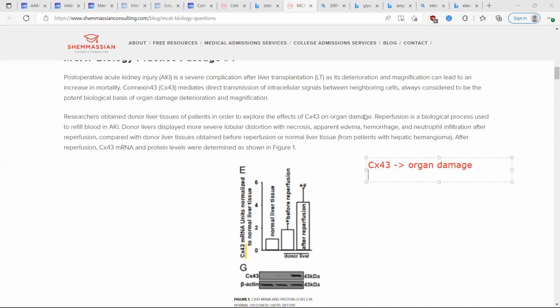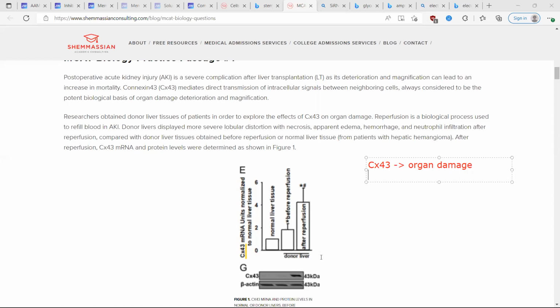And so now we can break down this graph. What we see is that there are obviously different levels of CX43, and how does that relate to what happened? In normal liver tissue, CX43 is kind of low. It looks like it's at 1. In donor liver, before reperfusion, it's at 2. The star here tells us it's statistically significant, so it's increased compared to normal liver tissue.